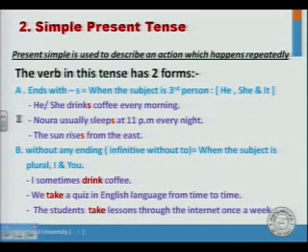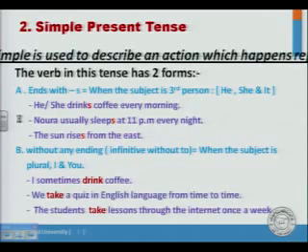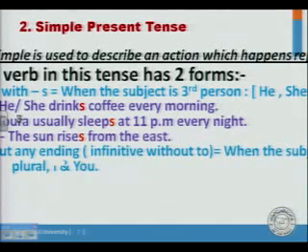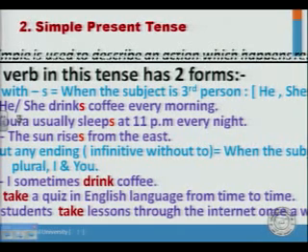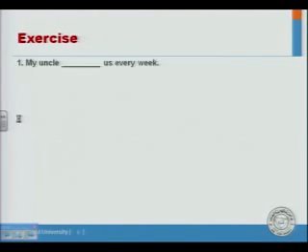Let's take some practice on this. This exercise has some sample questions about simple present. Let's start with the first one.